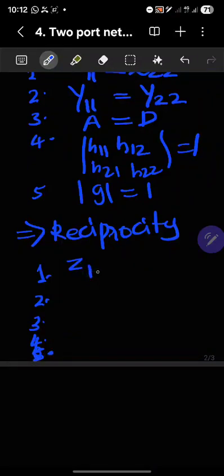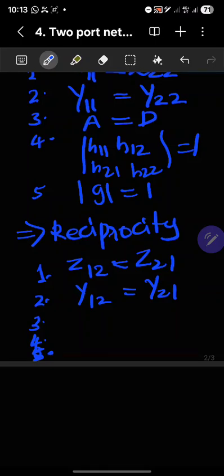With respect to Z parameters, Z12 should be equal to Z21, and with respect to Y parameters, Y12 should be equal to Y21. You can see here that Z and Y always follow the same pattern. With respect to ABCD parameters, the determinant of ABCD should be equal to 1.